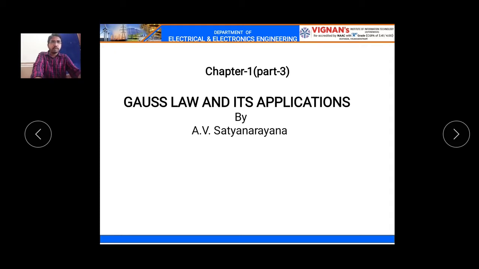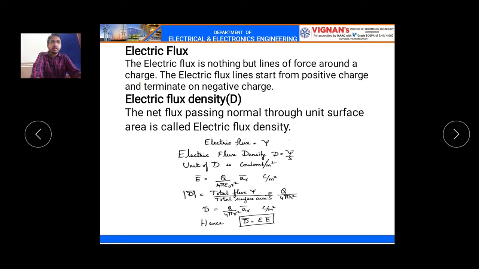Okay, before going to Gauss law, we need to know some basic definitions. The first one is electric flux, represented with the symbol Xi. Electric flux is nothing but the electric lines of force around a charge. If you keep a magnet, then there will be some imaginary lines of force passing from north pole to south pole.